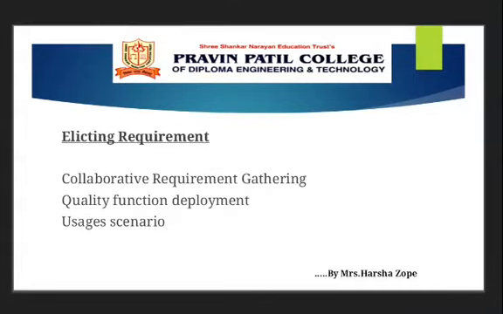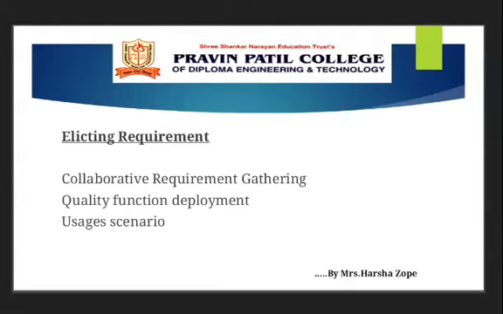The goal should be to identify the problem, decide the elements of the solution and negotiate different approaches. These are some guidelines for the FAST approach that we have studied. That was collaborative requirement gathering, and next we will go towards quality function deployment.